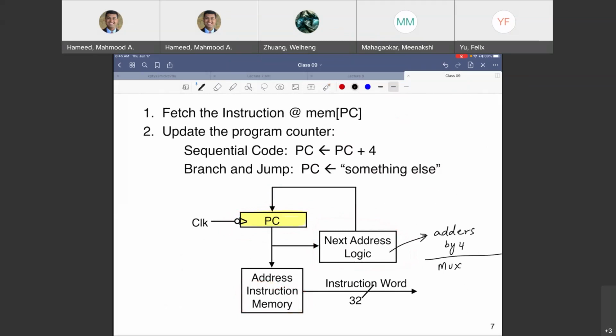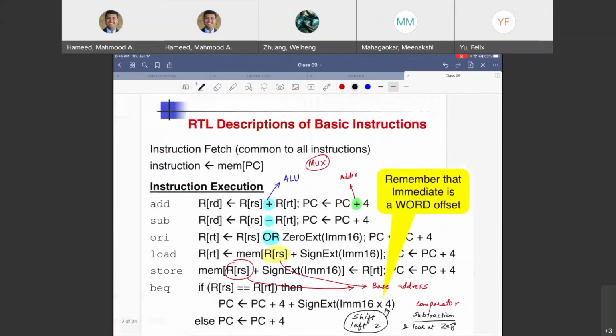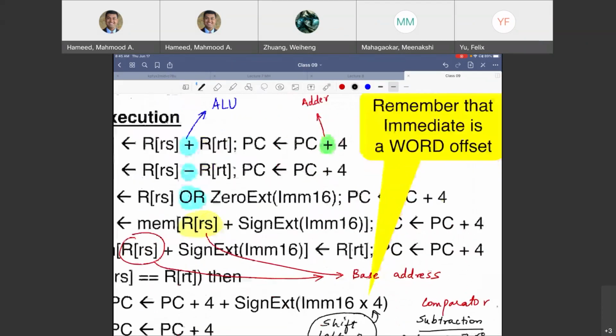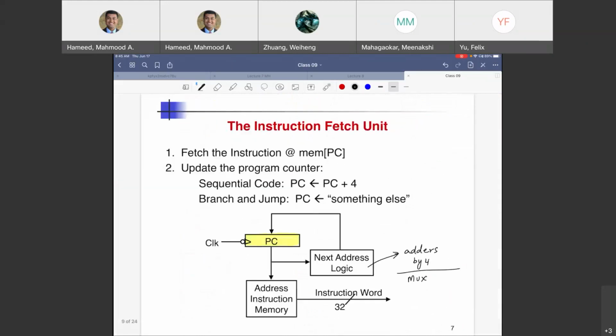Why? Because the sign extender and the shifter, right? Sometimes you need to do the shift by 4, sometimes you need to do the sign extension. I could, but I'm not going to put it there to compute the next address. I'm just going to say adders and then the multiplexer. Next.